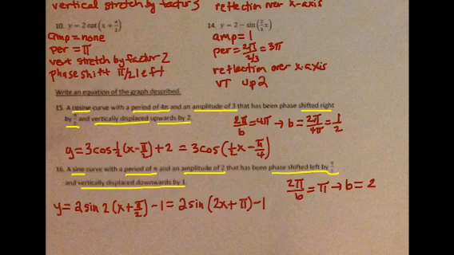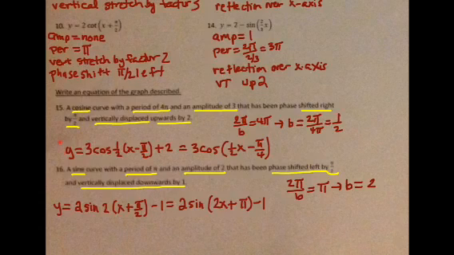Okay? So the only work you really have to show is how to find the b, and that's right here. 2 pi over b is 4 pi because that's the length of the period. You solve for b. You get b equals 2 pi over 4 pi, which is 1/2. So here it is. Y equals a cosine b x minus the c, and it's pi over 2. And then plus d, the vertical translation.